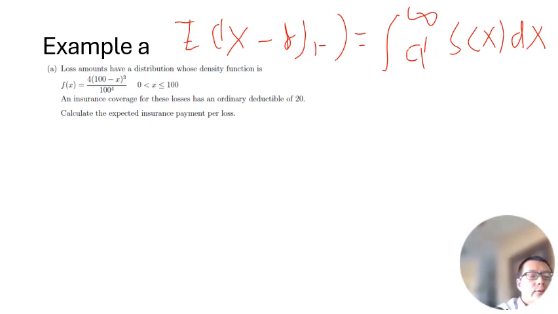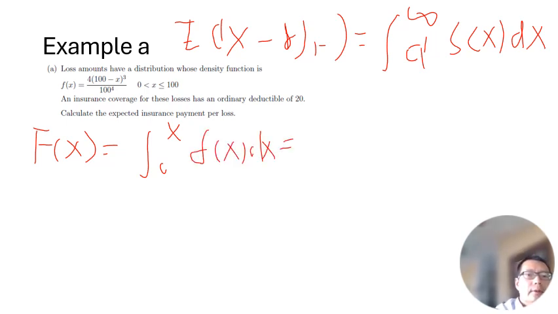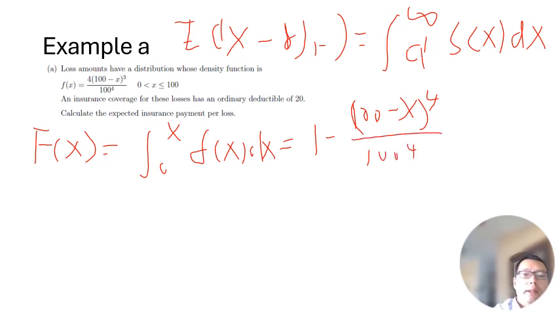Now, in this problem, it gives f(x), so we can calculate F(x). The big F(x) is the integral of small f(x) dx, which will become 1 minus (100 minus x) over 100. Now you can get S(x). It's basically just this part.